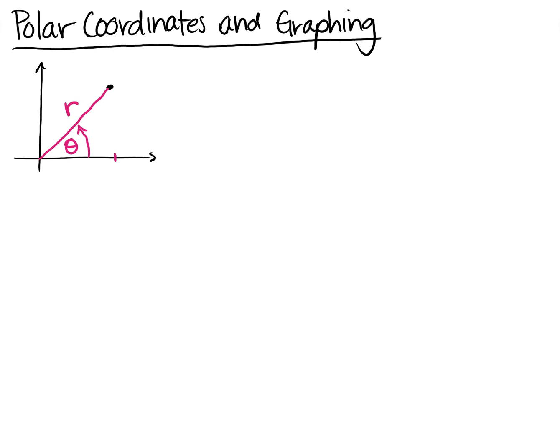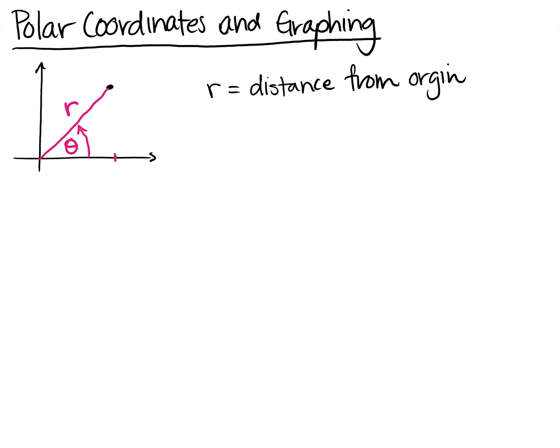There are two things that define where this point is in the Cartesian coordinate system. Those two things are r, which is the distance the point is from the origin, that straight distance, not the horizontal distance, not the vertical distance, but the actual distance from the origin.